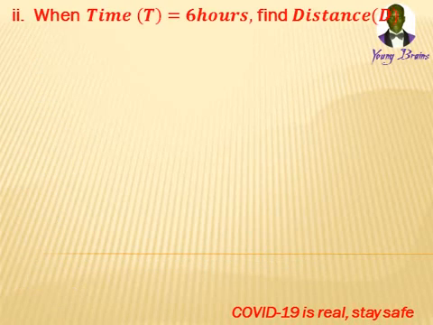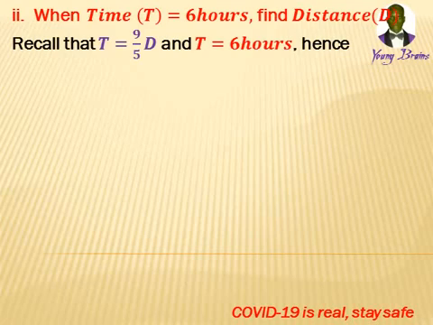Roman figure 2. When time t equals 6 hours, find the distance d. Recall that the relationship between time t and distance d is given as t equals 9 divided by 5 d, and t has been given as 6 hours.